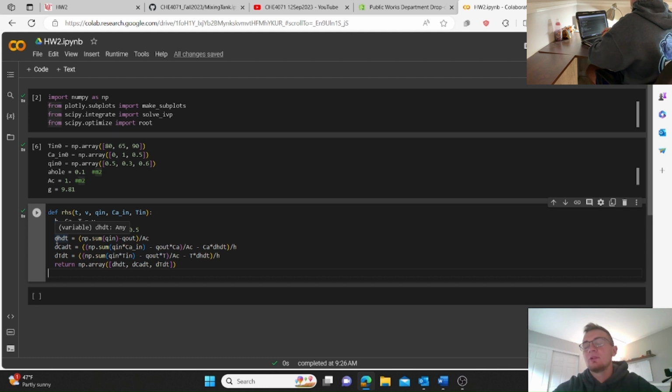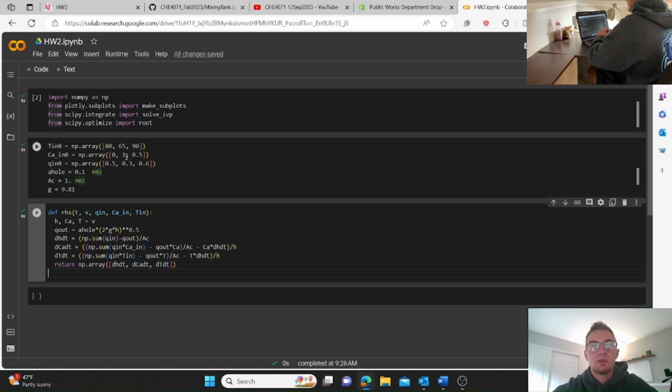And we're going to use those steady state values as the initial conditions when we, let's say, change one of the flow rates, or maybe change one of the temperatures of the streams going in. We heat one of the streams up, or we cool one of them down, and we can see how that affects the tank over time.